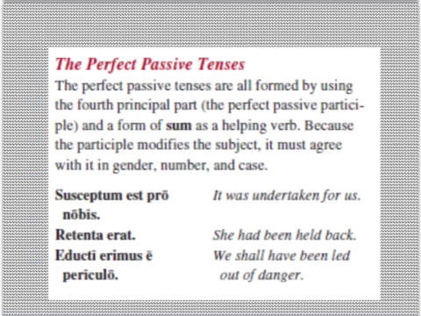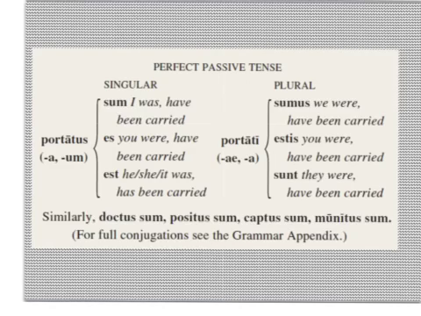Now we're going to learn the perfect passive tenses. The perfect passive tenses are all formed using the fourth principal part, which is the perfect passive participle, and a form of sum as a helping verb. So the perfect passive tense uses the fourth principal part, the perfect passive participle, portatus, and this will agree with the gender and number of the subject.